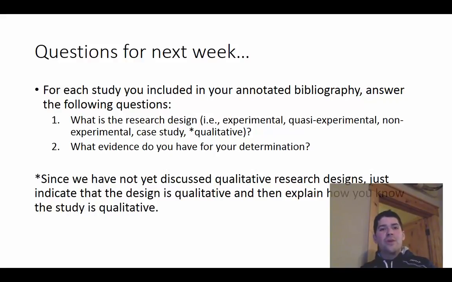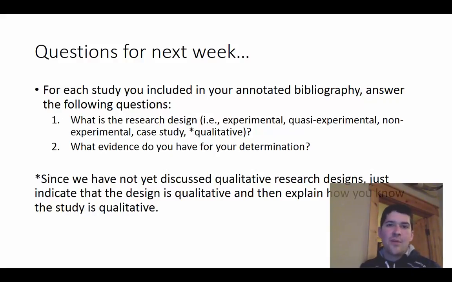But your actual reading questions this week are going to be related to your individual project for this course. For each of the studies that you included in your annotated bibliography, I want you to answer the following questions. What is the research design that they used? For this, all I want you to say is they used an experimental design, a quasi-experimental design, a non-experimental design, a case study, or, if it's qualitative, since we haven't gone through qualitative research designs yet, you just need to say it was qualitative.